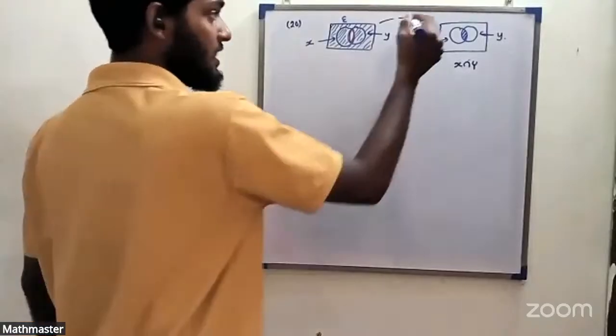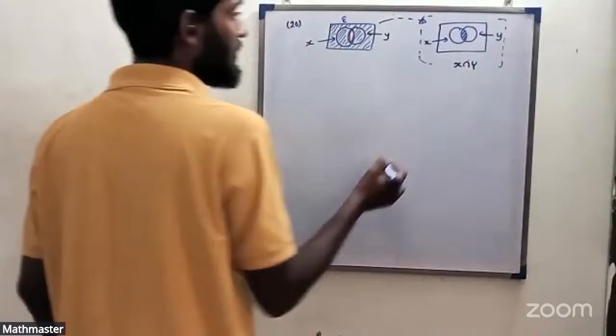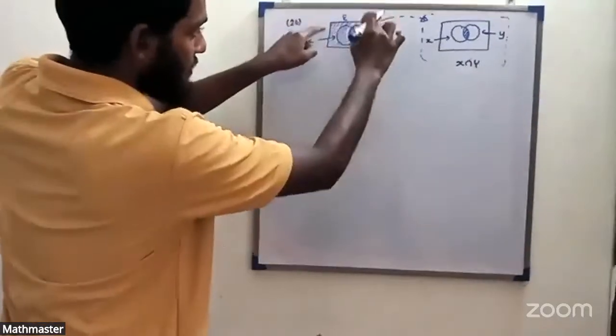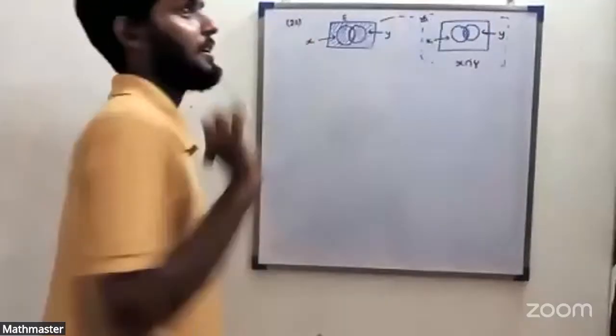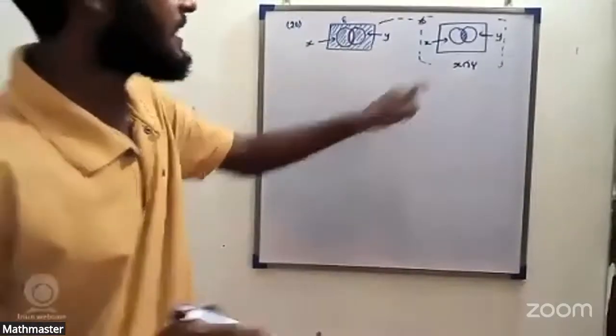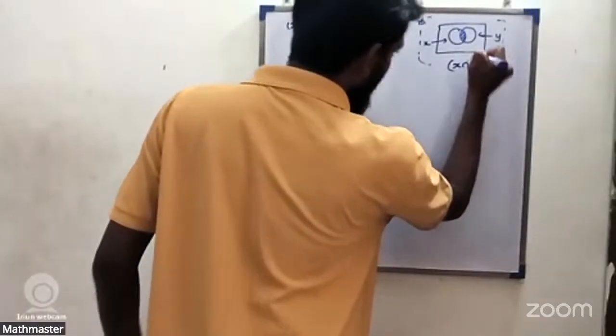But here they have given all the other regions, the outer regions, shaded, and this middle part is not shaded. That means it is the complement of this: X intersecting Y complement.